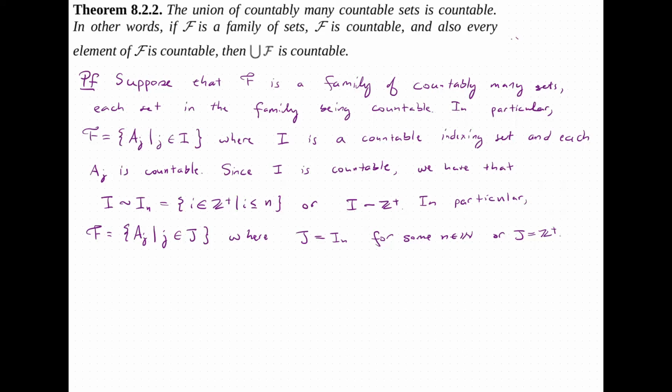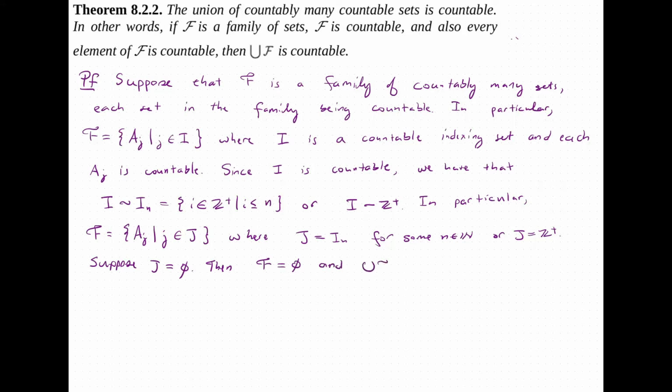But we first have to eliminate the possibility when J is equal to I sub 0. So suppose that J is equal to I sub 0, in other words, the empty set. Then what happens? Well, if that's the case, F is just the empty set. The family of sets is just the empty set.